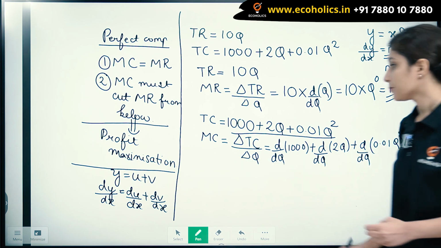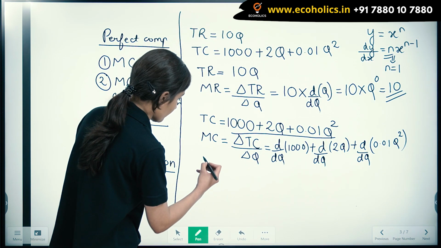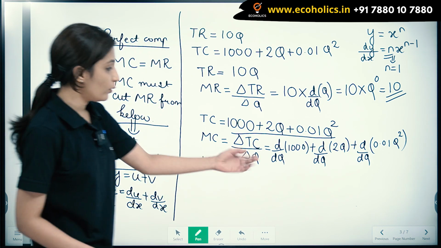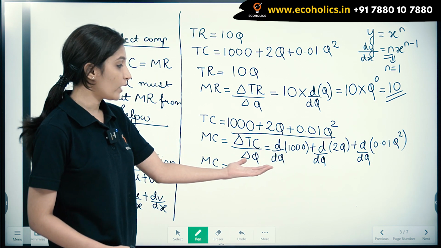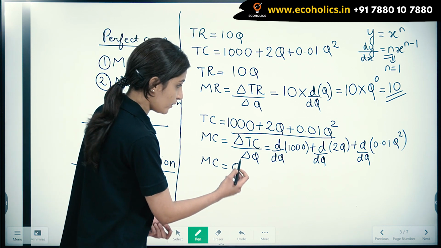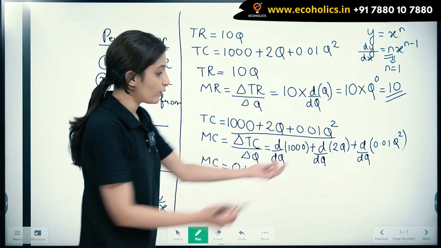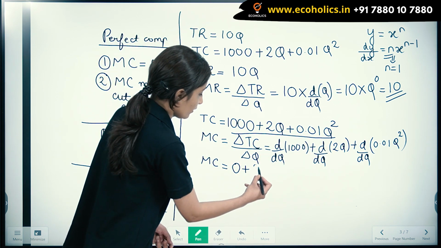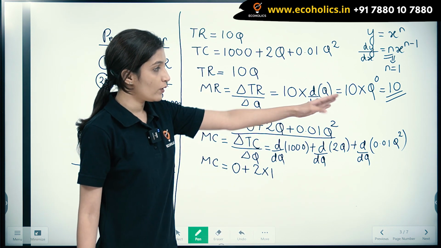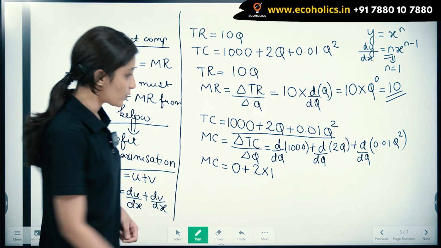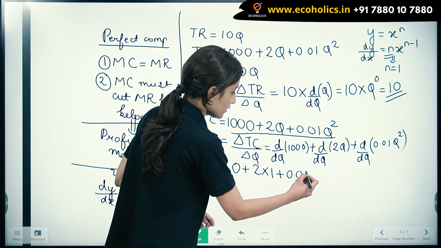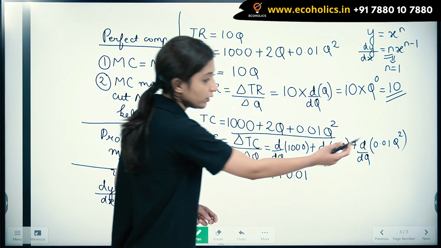Now what do we get is our marginal cost is equal to, now differentiation of 1000. We know that derivative of a constant term is always 0. So we have this as 0 plus now differentiation of 2q, that is 2 into 1. So we have seen that differentiation of q is equal to 1. So this becomes 1 plus 0.01 into differentiation of q square.